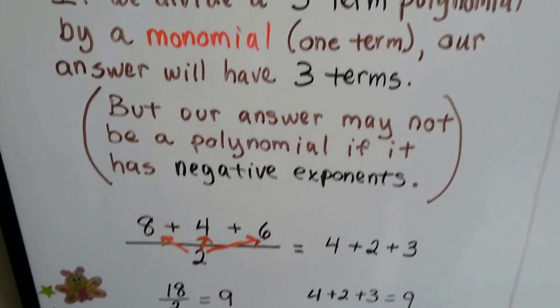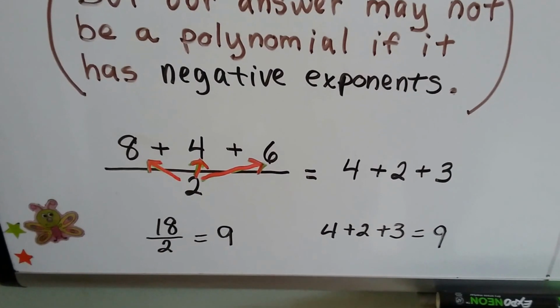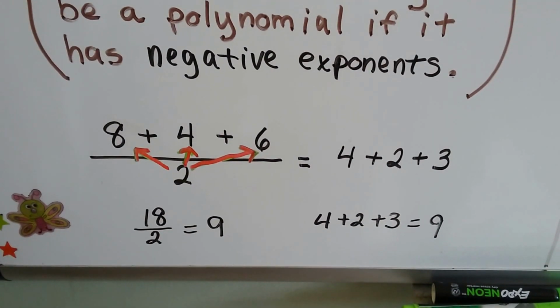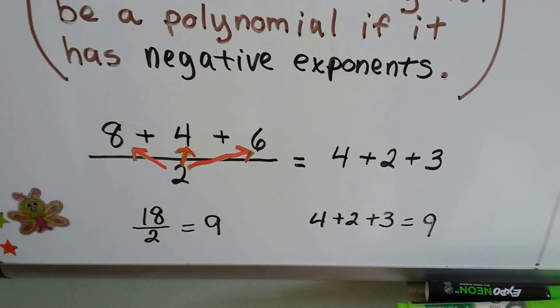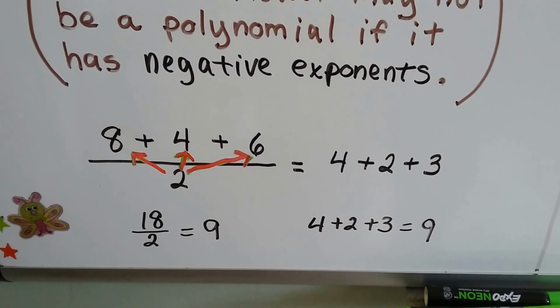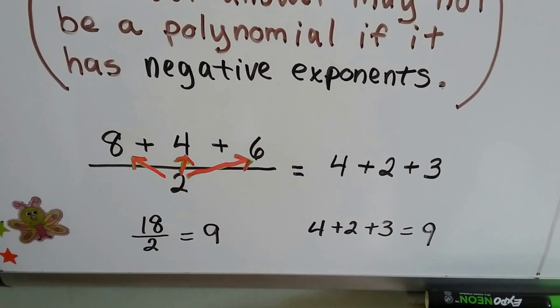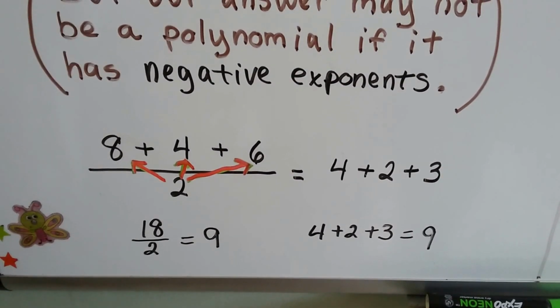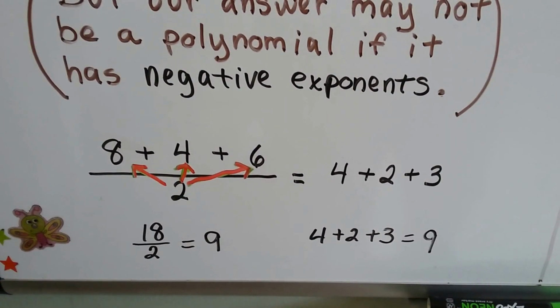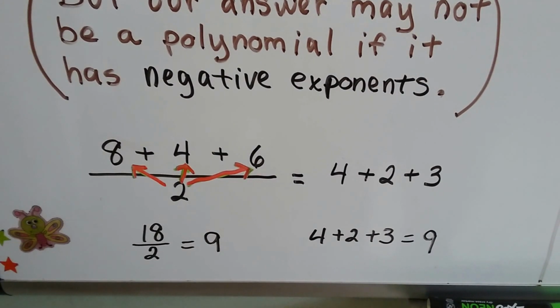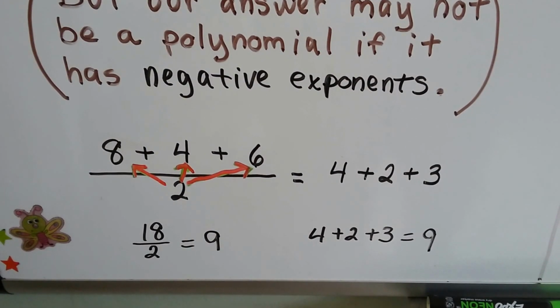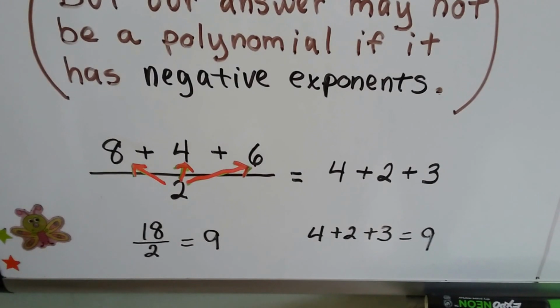So, take a look at this. Now, these are not polynomials, but I wanted to give you an idea of what we're going to be doing. If we have 8 plus 4 plus 6, and we need to divide it by 2, we can rewrite it as 2 goes into 8 4 times, 2 goes into 4 2 times, and 2 goes into 6 3 times, so we could have 4 plus 2 plus 3.